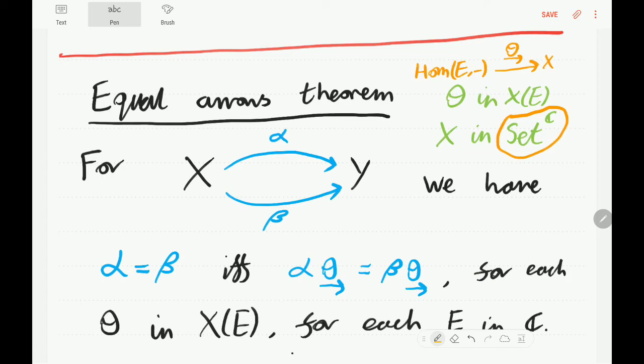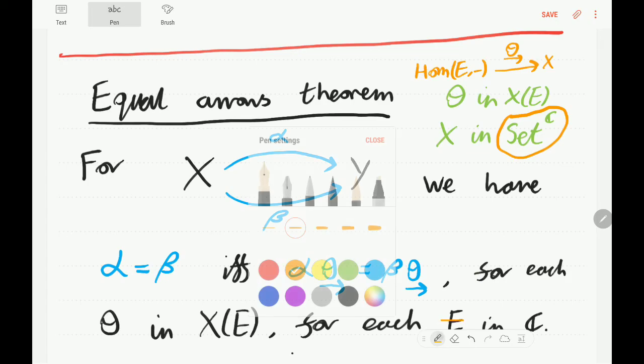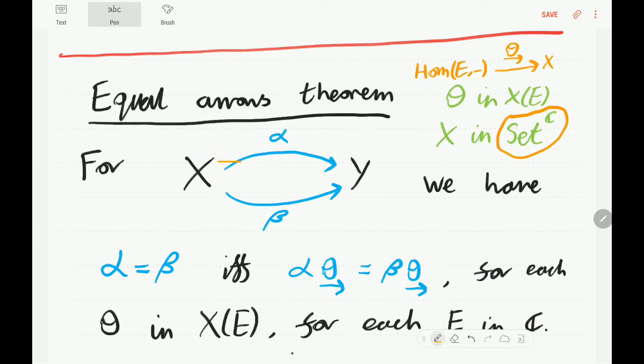And that's great because we get this nice sort of simple result, which I call the equal arrows theorem. And it basically tells us in a very succinct way this criteria for when a pair of parallel arrows, alpha and beta, from x to y are going to be equal.